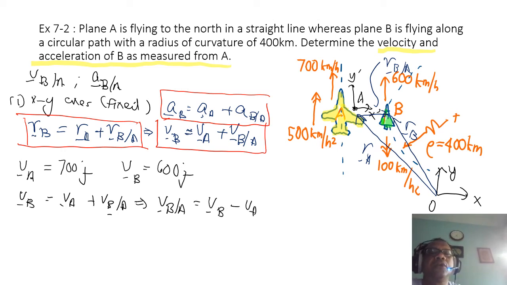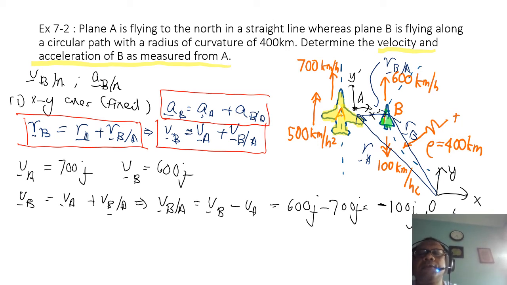So it is 600 J minus 700 J, which equals minus 100 J kilometer per hour.